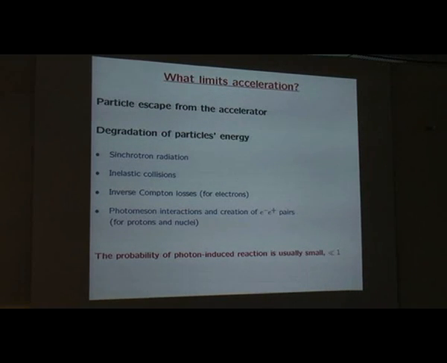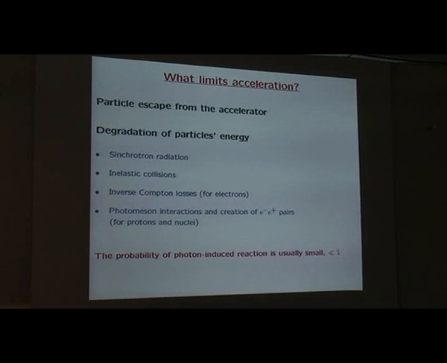So let's start with a discussion of processes which limit observation. Well, first of all, we always have some escape of particles, it's clear. And then we have various processes for particle energy degradation: synchrotron radiation, inelastic collisions, inverse Compton losses, photomeson interaction if we have baryons, and many more, decreasing photons.